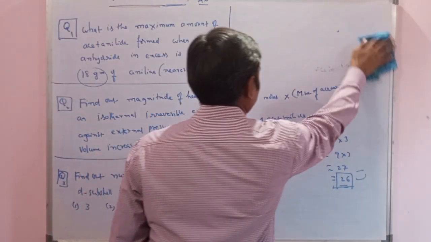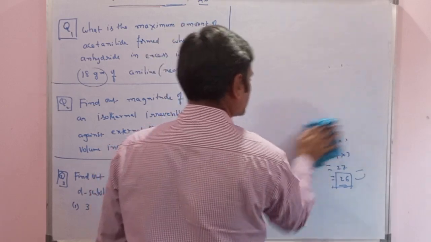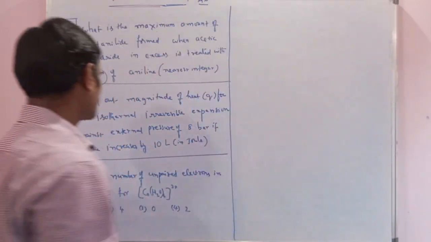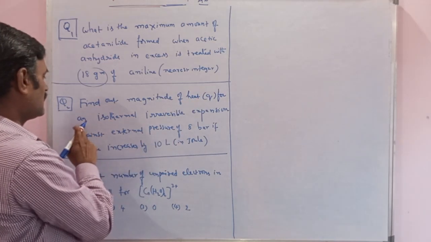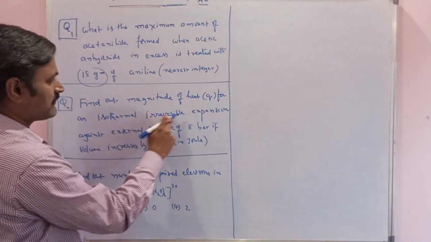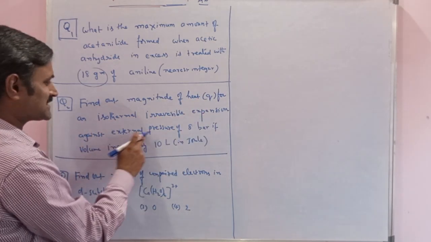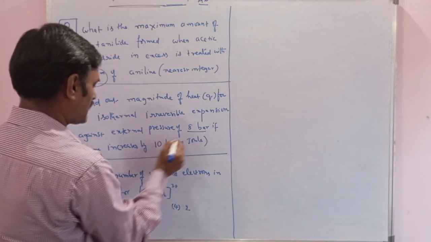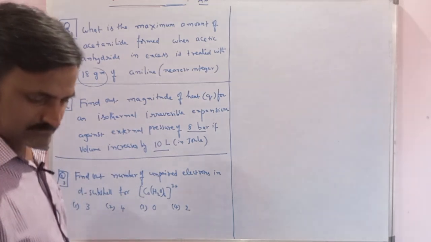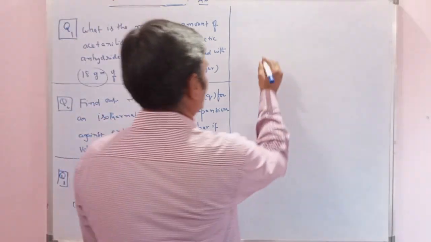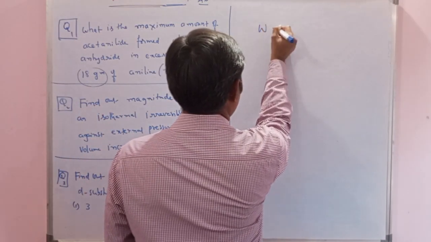In the second question, they are asking us to calculate the magnitude of heat in an isothermal reversible expansion against external pressure 8 bar if volume increased by 10 liters. We all know what the work done formula is.